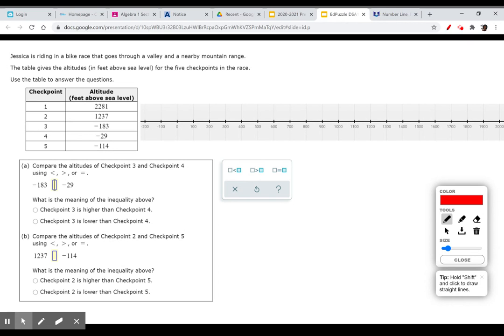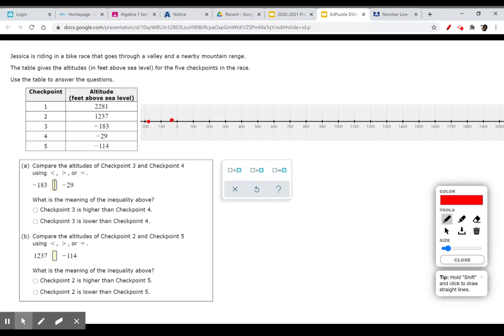So for checkpoint 3 compared to checkpoint 4, checkpoint 3 I can see is at negative 183, and I don't have the exact location, but that would be kind of close to negative 200. So I'll put it right there. There's checkpoint 3. And checkpoint 4 is at negative 29, so that's in between 0 and negative 100.